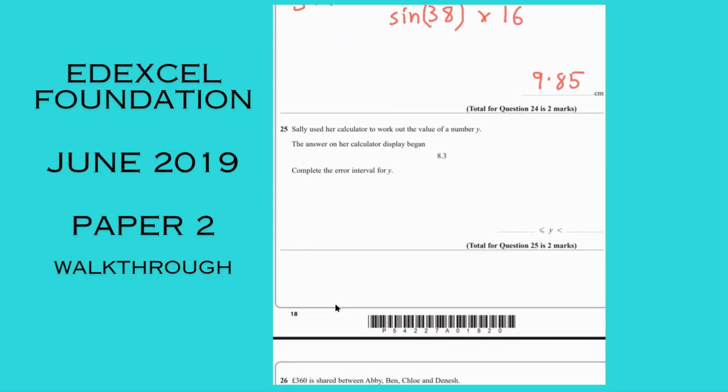Question 25. Obviously they use the phrase error interval, because it's been chopped off. Don't forget, it's not the most common topic, so do look up the subject of truncation. This number has been truncated. It's not been rounded off, it's been chopped off.